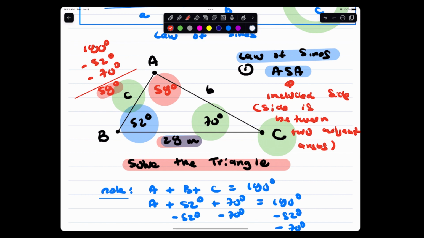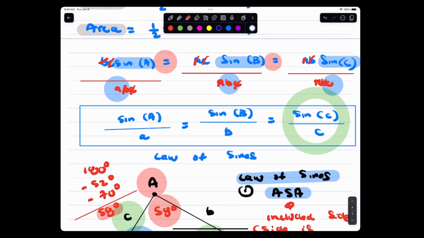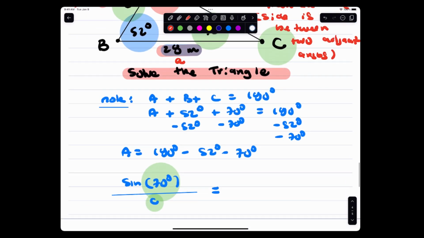That's A and little a. They didn't tell you this was little a, but it's little a. So I'm using this ratio: sine 58 over 28.